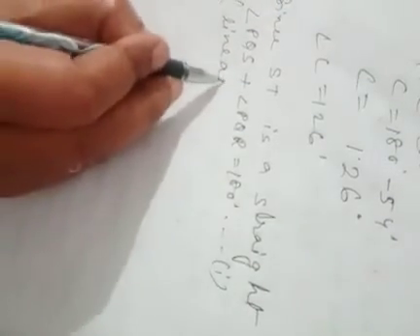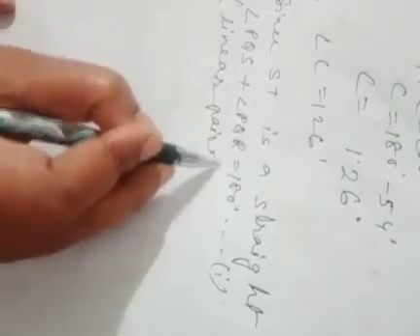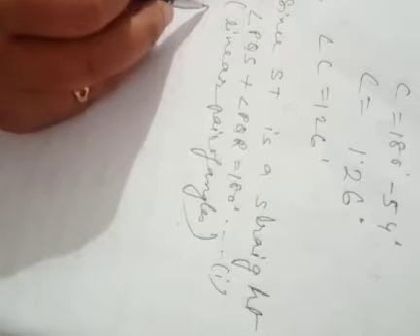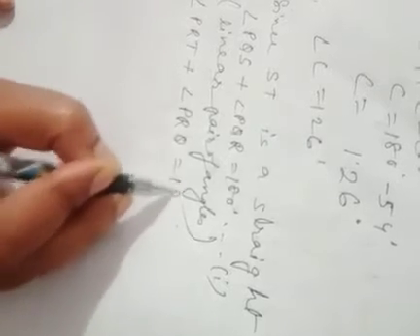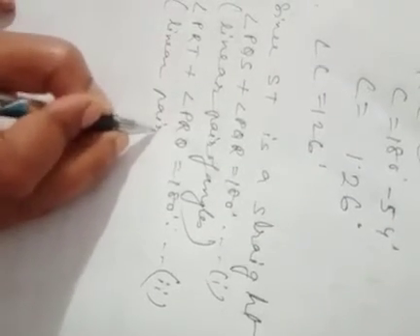Equation number 1, linear pair of angles. Next, you can write angle PRT plus angle PRQ is equal to 180 degree. Give the equation another name, equation number 2. In the bracket you write down linear pair of angles. Okay, these angles lie on the straight line ST.